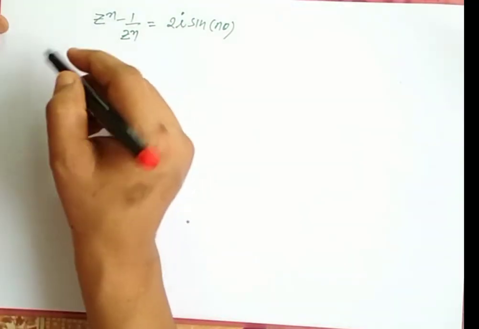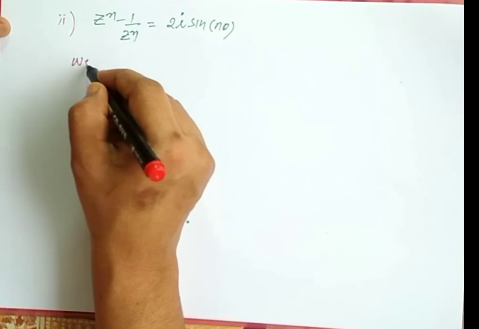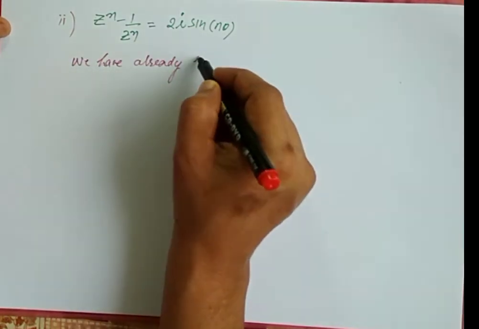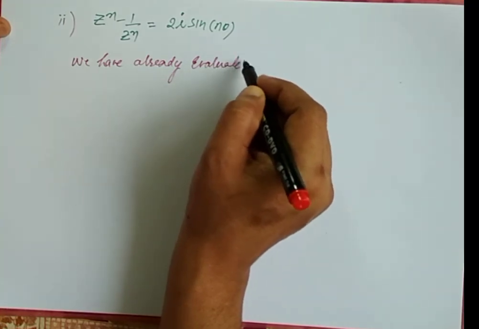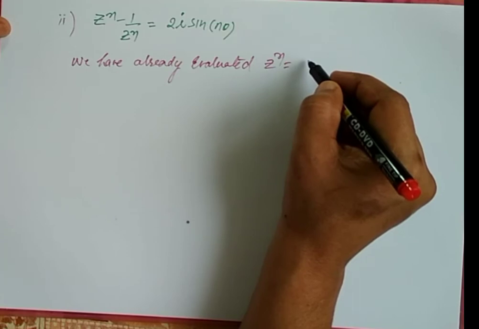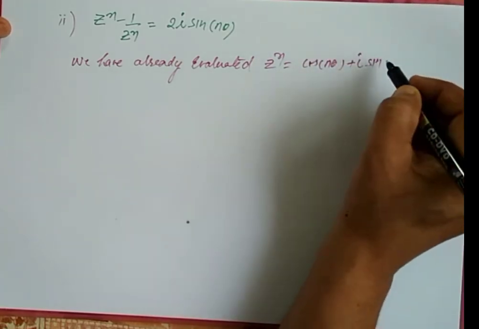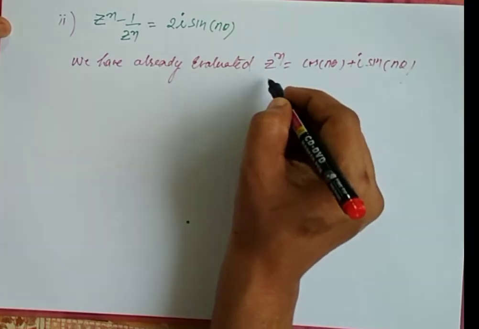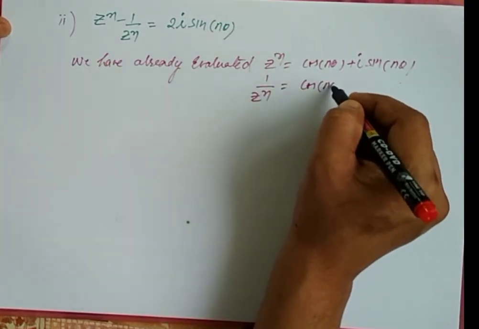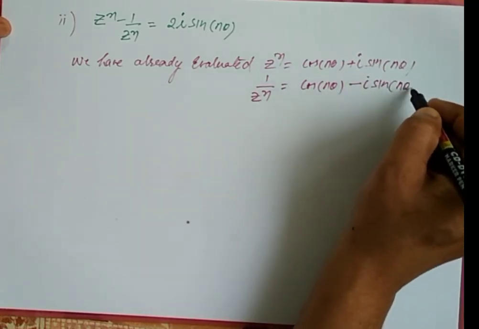Let us try to prove the second part of this question. We have already evaluated z raised to power n is equal to cos of n theta plus i sin n theta. And what was the value of 1 upon z raised to power n? It was cos of n theta minus i sin of n theta.